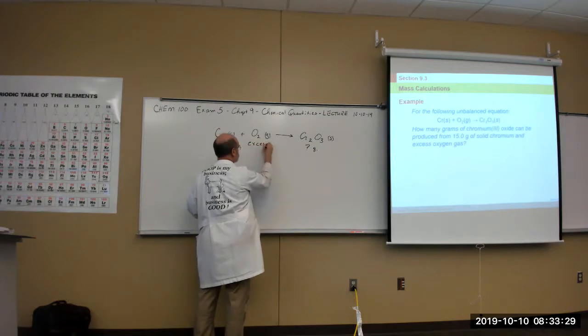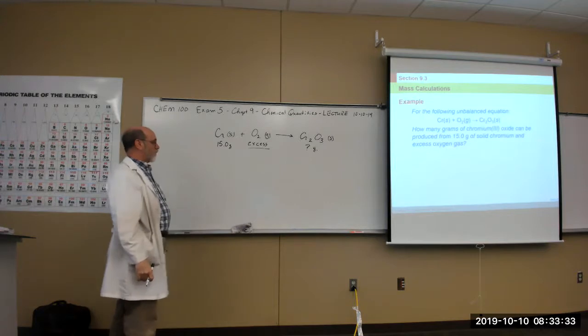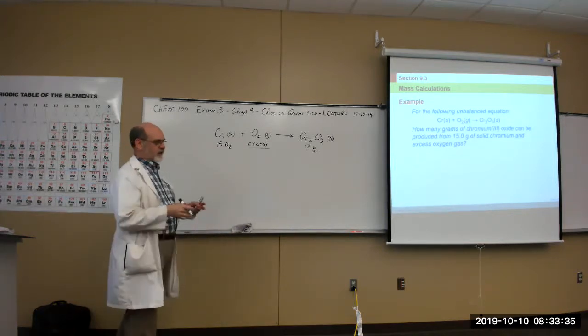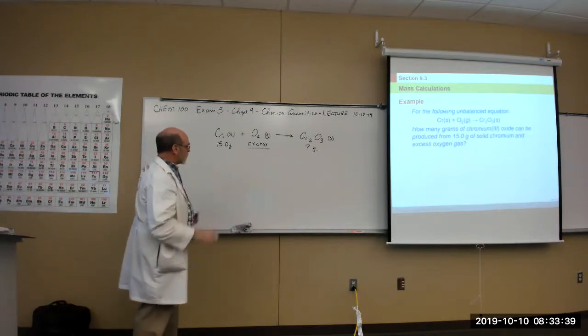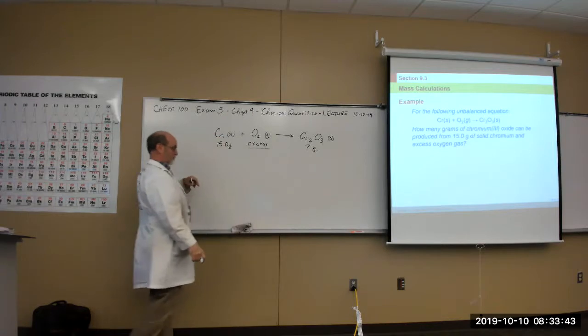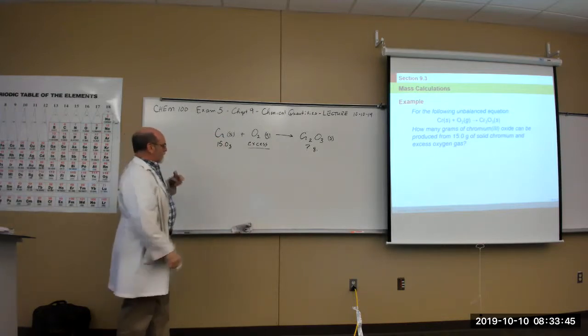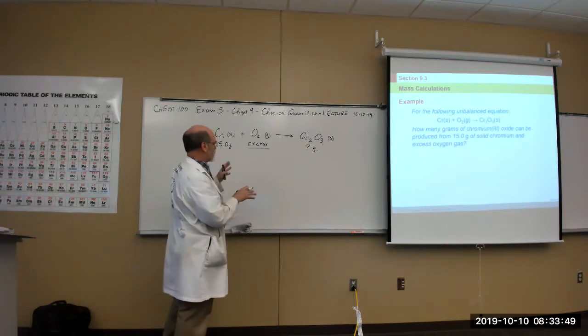There's plenty of oxygen. So they're doing it in the air. Or they could be supplying oxygen in a closed vessel. Either way, you've got plenty. So we only need to be concerned with converting this to that. So think of this balanced equation, which is not balanced yet.